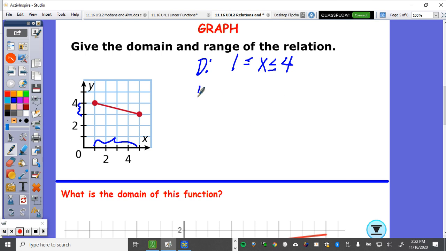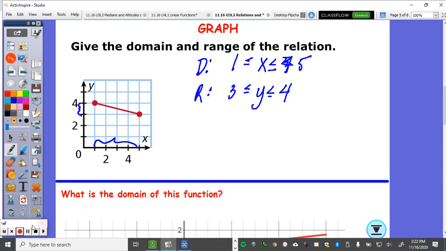The range, we're talking about all of the y values between 3 and 4. Do you understand that? Yes. 1 and 4 is 5. I'm sorry, you're right. 1 and 5. Thank you. Okay?